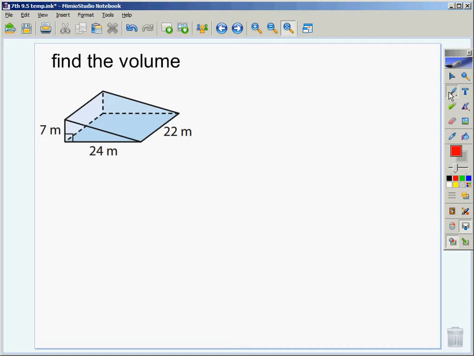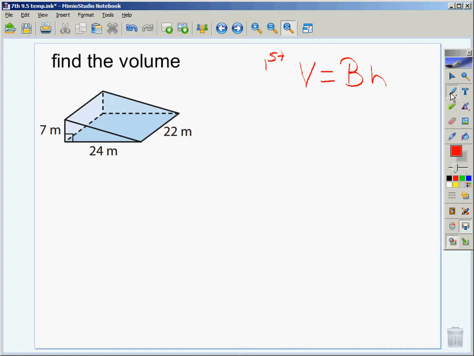Now, just like yesterday, the first thing we're going to write down is what? The formula. Volume equals capital B times H. Volume is equal to base times height.